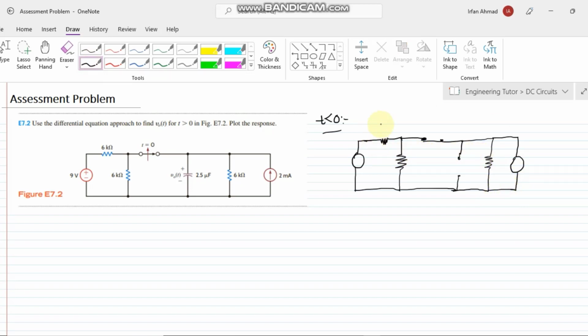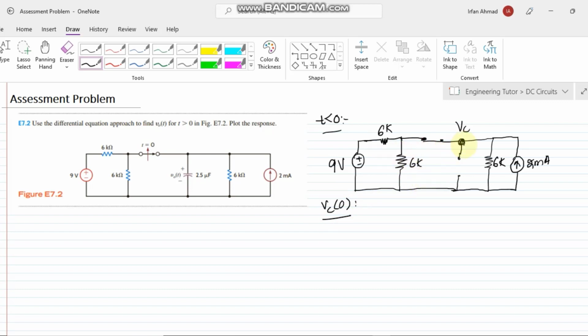Now this is our circuit in which this is 6 kilo, this is again 6 kilo, 9 volts, this is the open circuit, this is 6 kilo, and that is the 2 milliamps. Now we have to find the value here which is VC, so we have to find the value of VC0 because that would be our initial condition here.